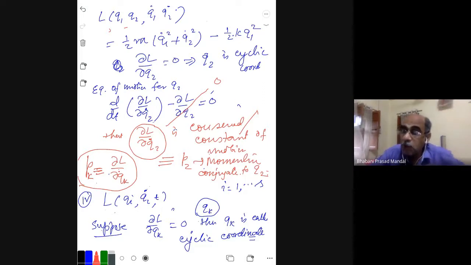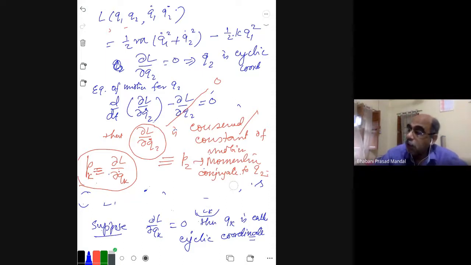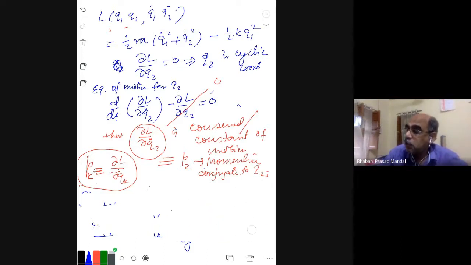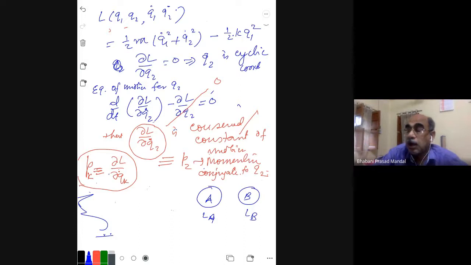Okay, so this is all about the properties, and I remind you of one more property I used the other day: if you have more than one system, then you can add up the Lagrangians. Suppose I have a system A and a system B. System A is described by the Lagrangian LA, and system B by the Lagrangian LB. Then the combined system will be described by the Lagrangian LA plus LB if they are not interacting.